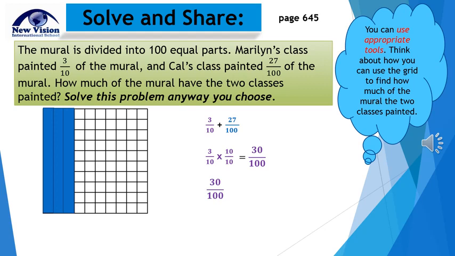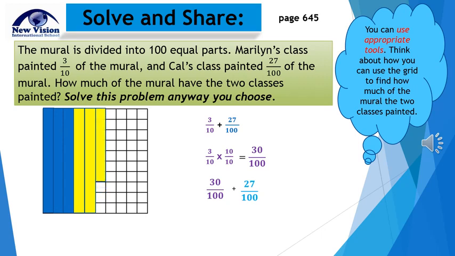So now we have the same denominators. So 30 over 100 plus 27 over 100. Let's shade 27 over 100. So we have 1, which is 10, then 2, which is 20, and then we have 7 here. So 27 over 100.